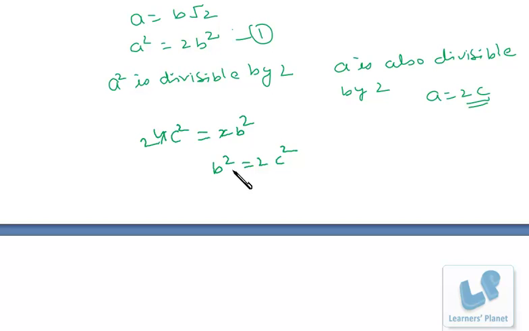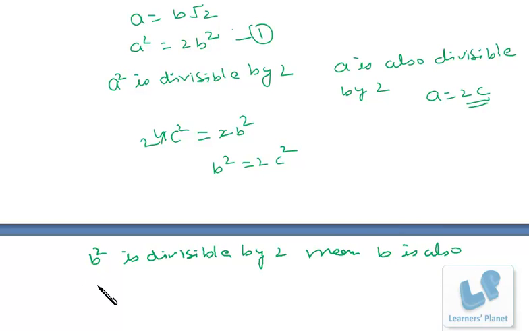That means b square is also a multiple of 2, so b square is divisible by 2, which means b is also divisible by 2, according to Euclid's lemma.